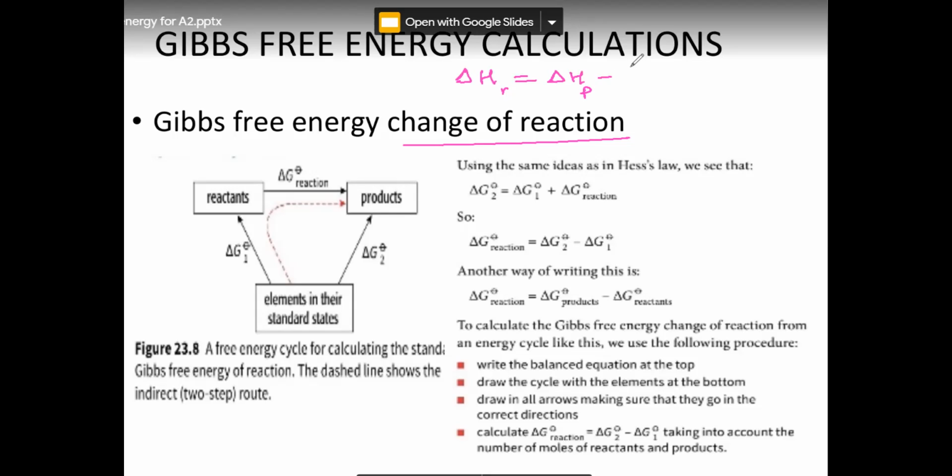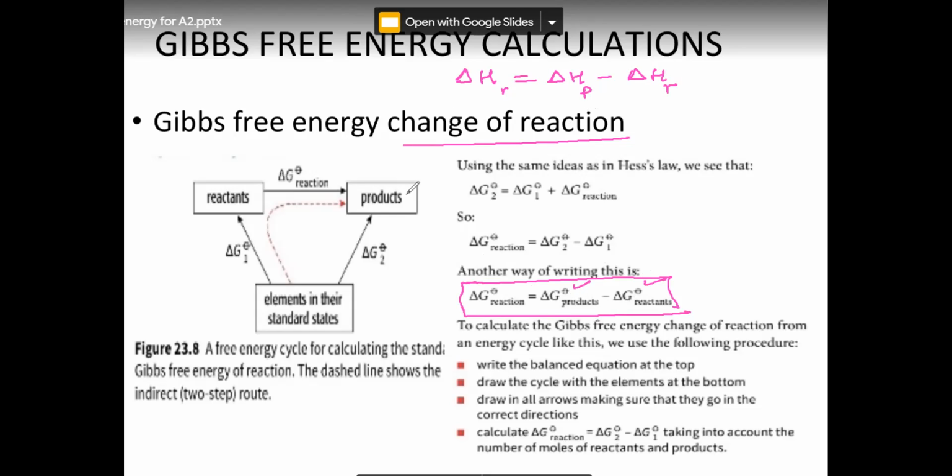Similarly, for Gibbs free energy change of a reaction, you'll be using the same formula. आपको अगर reaction का Gibbs free energy of a reaction calculate करना है, तो आपको गिव्स फ्री एनर्जी ऑफ अ प्रोडक्ट में से आप रिएक्टेंट को सब्ट्रैक्ट कर देंगे.